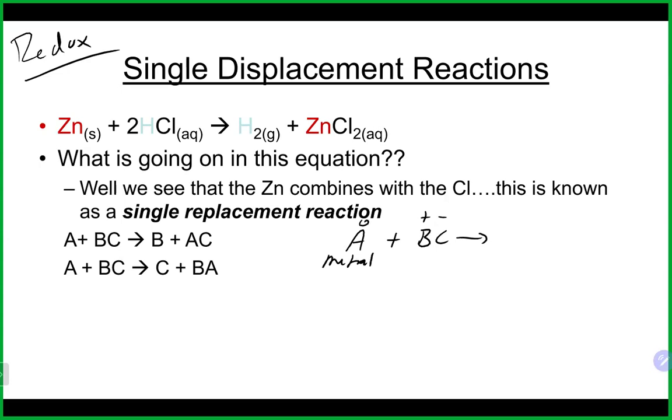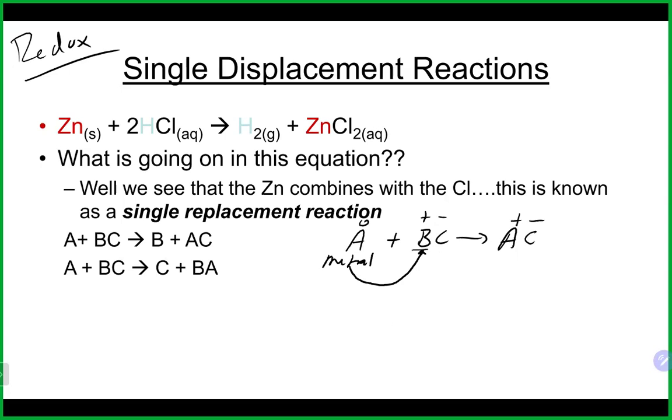But when metals do gain charges, they actually become positively charged. So what happens in this case is the metal will actually come in and kick out the positive guy in this compound. And when it does that, it's going to gain a positive charge. And it will then make a new ionic compound on the product side.